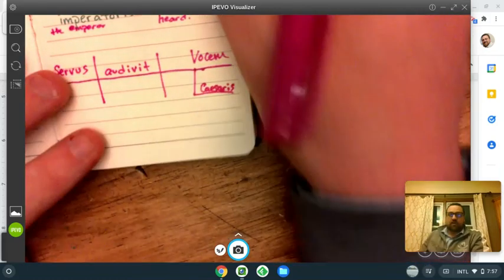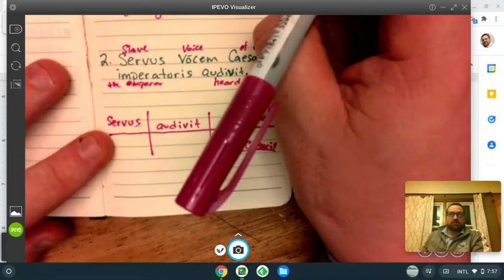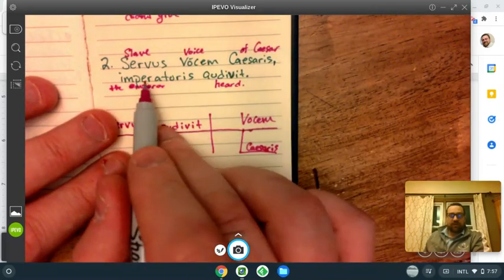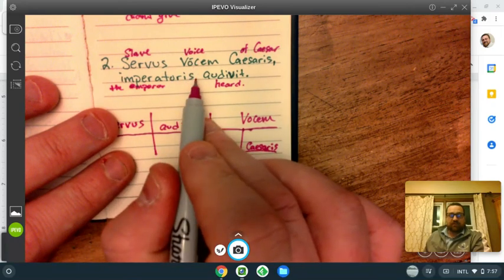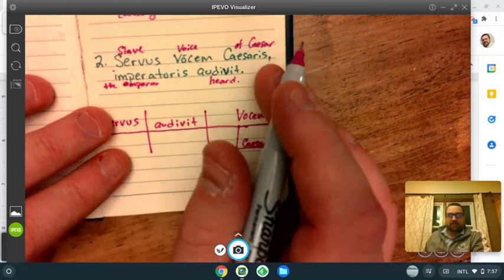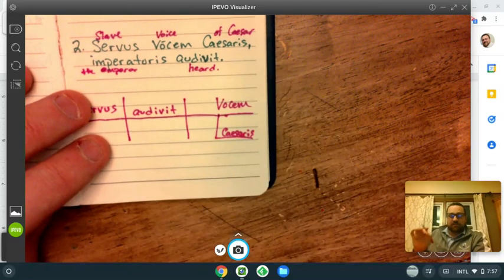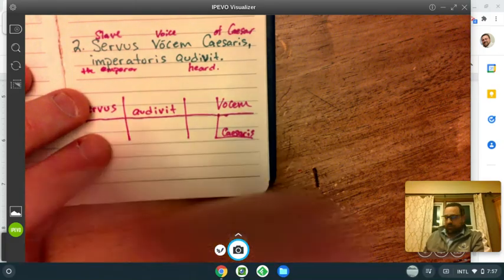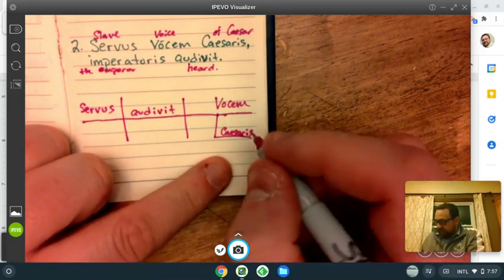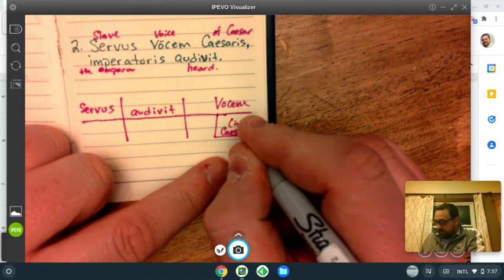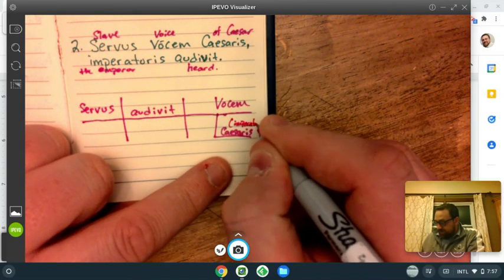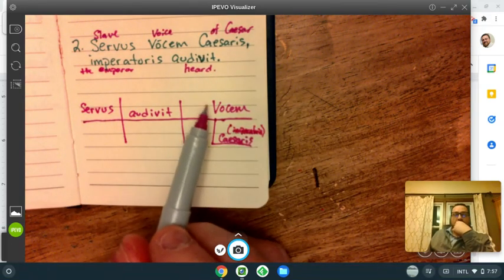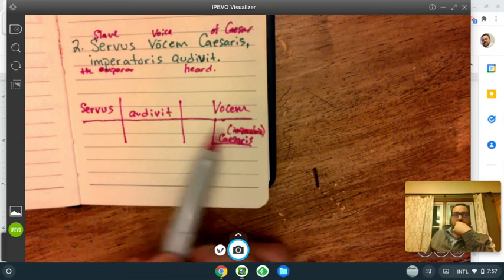And then the way we show an appositive is we're going to put the appositive in parentheses. So this imperatoris is the appositive, and we're just going to put it in the same space as the word that it's in apposition to, and it's in apposition to Caesaris. I didn't leave myself a lot of room, but we're going to just write imperatoris. Servus vocem Caesaris imperatoris audivit.